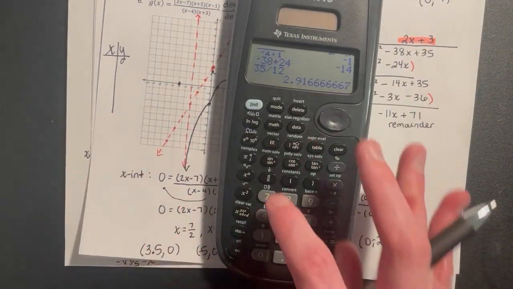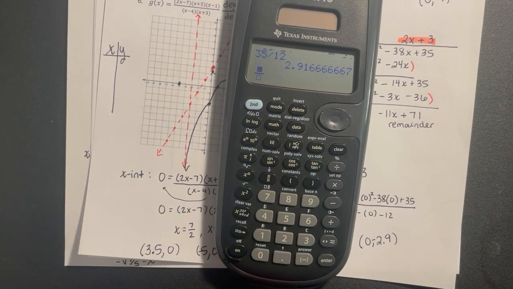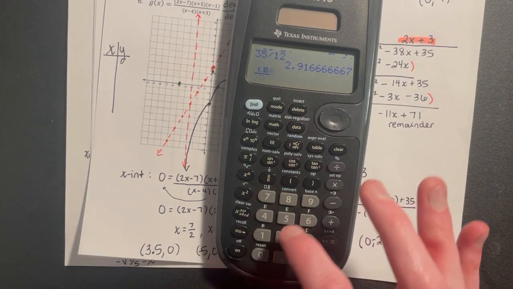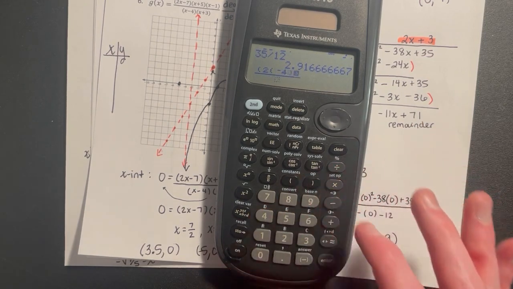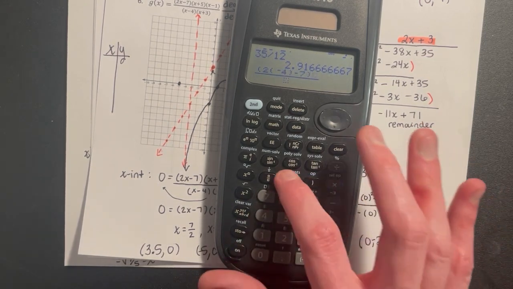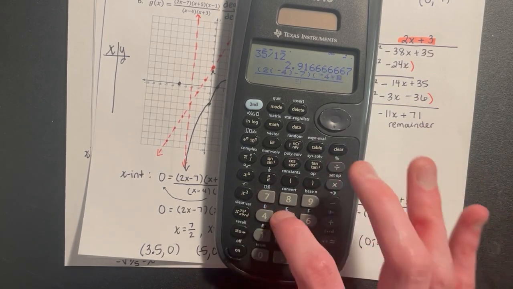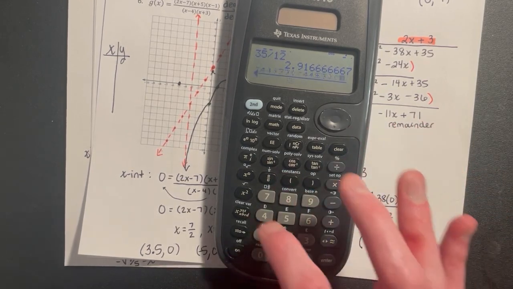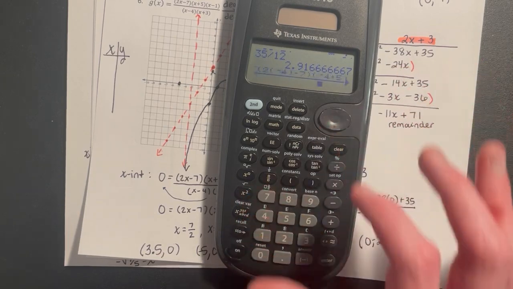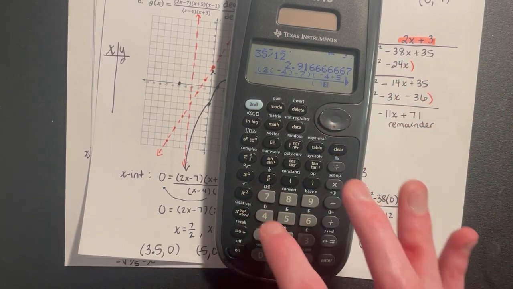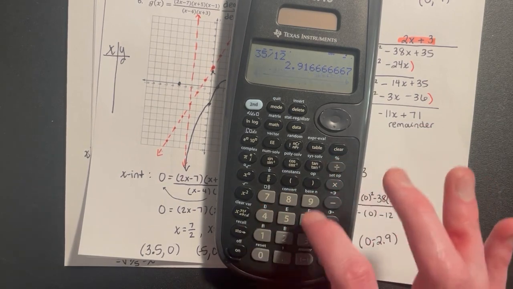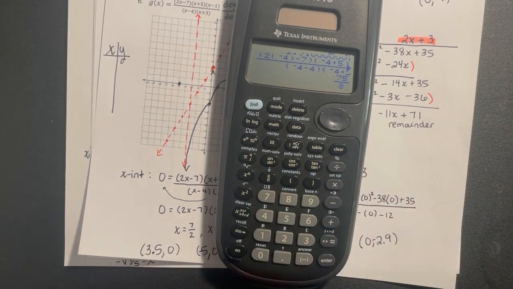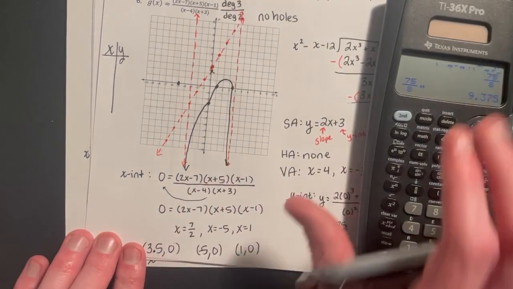And it might be easier to do this one in factored form. So we'll try 2 times -4 minus 7, and then we've got -4 plus 5 and -4 minus 1. The denominator, if I plug it in, I've got -4 minus 4 and -4 plus 3, which gives me a fraction of about 9.375.